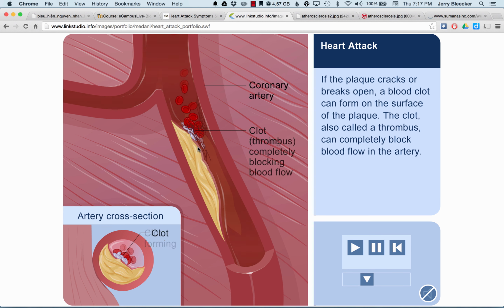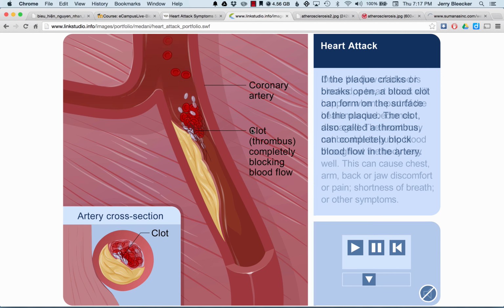You can see that when that clot forms, or if the plaque occludes the entire diameter of the vessel, what you've got is called a thrombus. That just means it's a clot, but this will block the blood flow, and now the heart muscle down here that is being supplied with blood isn't getting what it needs.